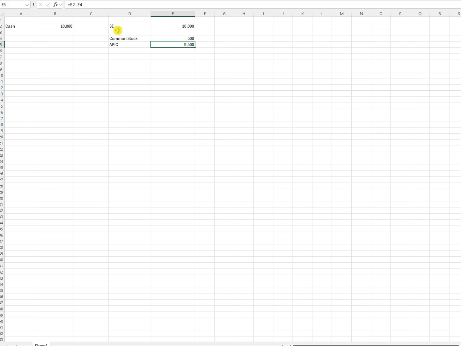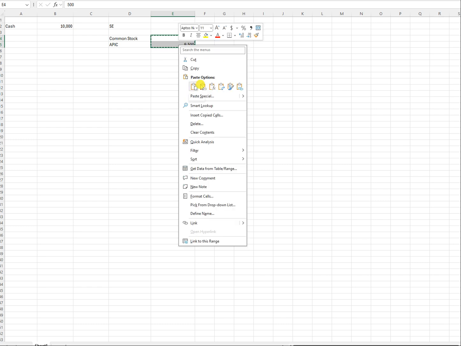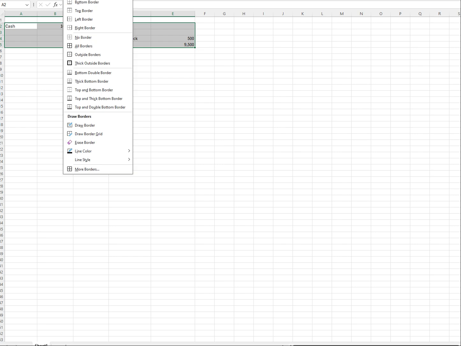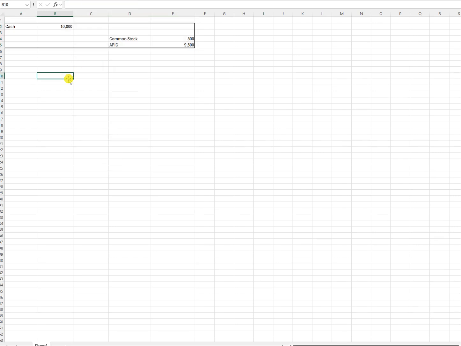That's $9,500. If I remove this part, this becomes a completed journal entry. So in this journal entry, we debit cash 10,000, credit common stock 500, and credit additional paid-in capital $9,500.